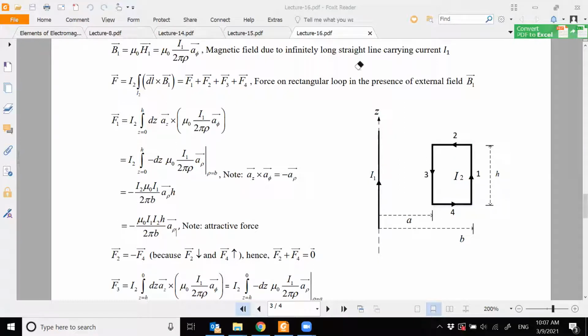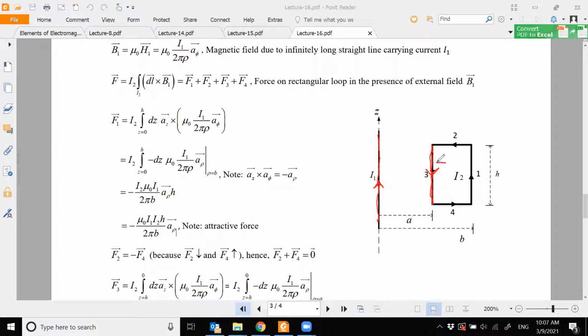On the other hand, if we look at this current element, which is carrying current in this direction, whereas this current element is carrying current in the upward direction. What force is exerted on this small current element 3 because of this current element I1?